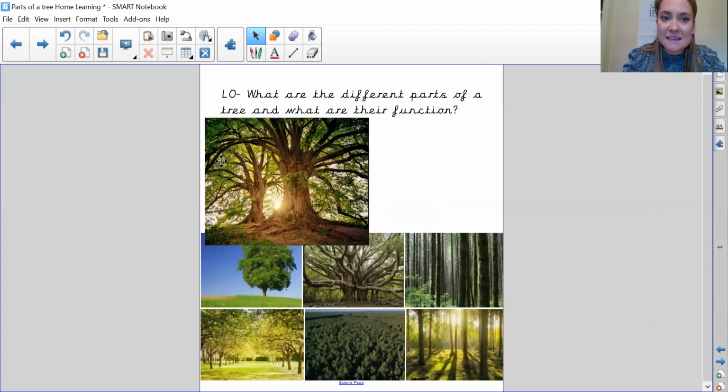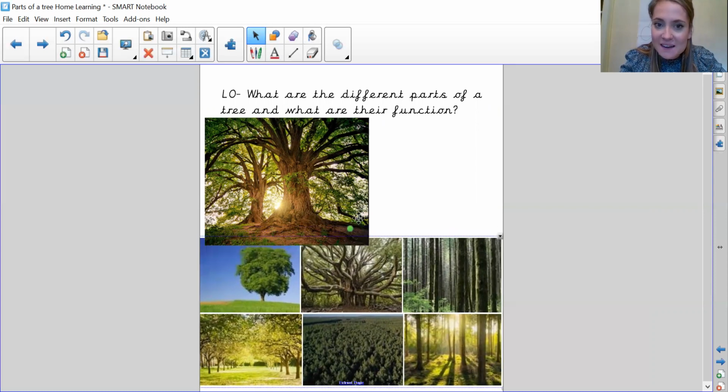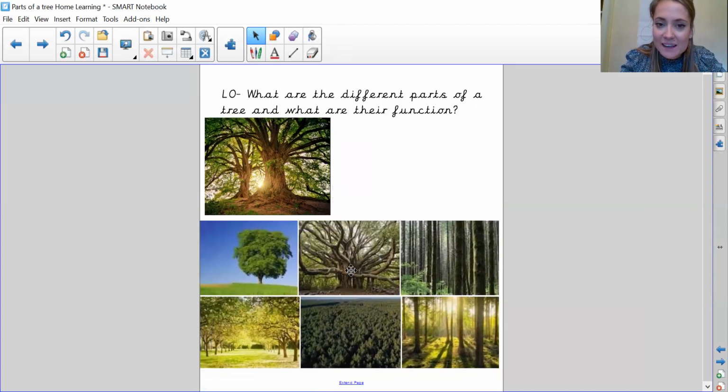You can see the leaves as well, taking in all this evening sunshine. And you see this one looks a bit funny down here, doesn't it? If I just make that a bit smaller, can you see that one in the middle, with all the branches going all of the different ways? And here's a forest of trees, isn't it? And these trees are very neatly lined up in an orchard. Can you see that one there as well? Fantastic.